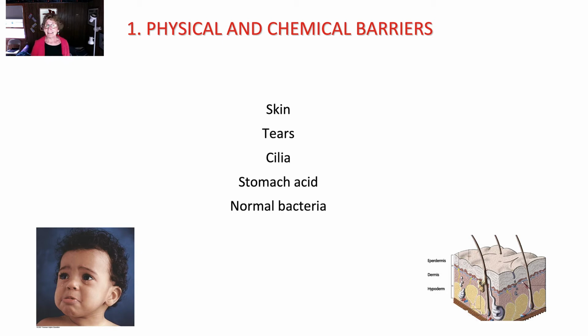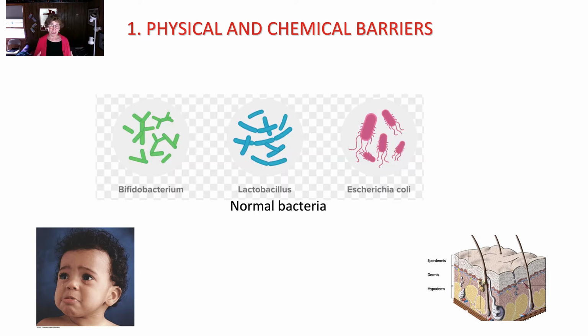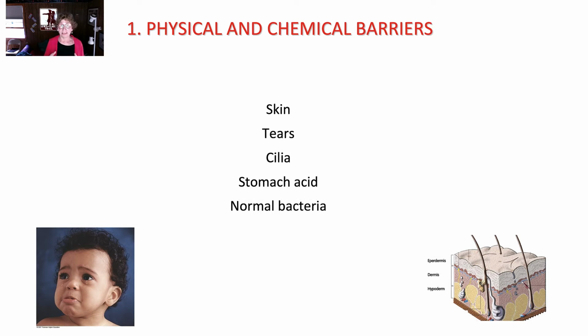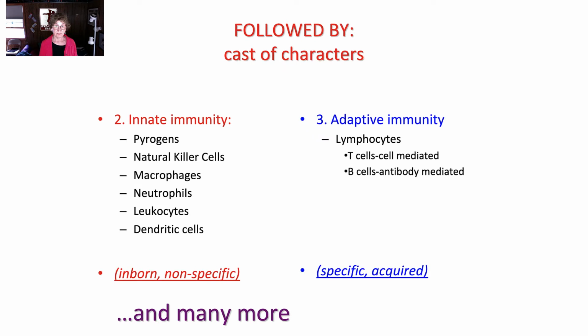We have the acid in our stomach, the pH of which is similar to battery acid, so that if you swallow something, hopefully the acid in your stomach will kill it before it has a chance to harm you. Normal bacteria, our body is loaded with healthy bacteria, and we like to use these healthy bacteria to crowd out any pathogenic bacteria that might be trying to breach this first line of defense.